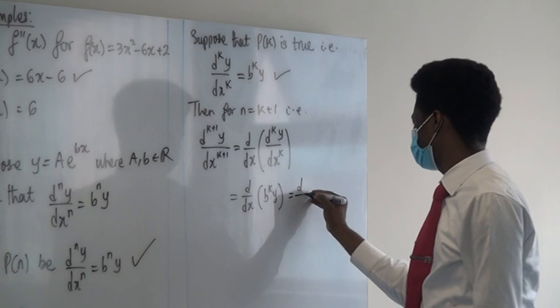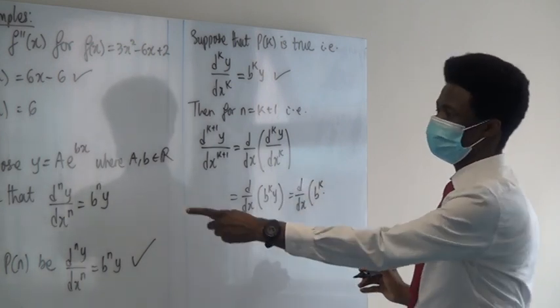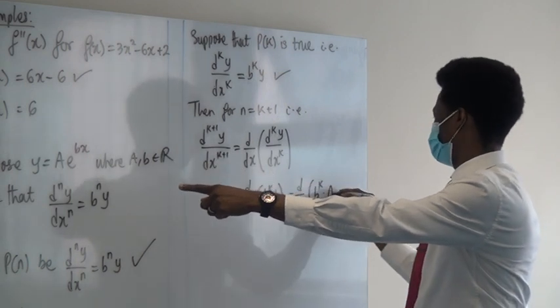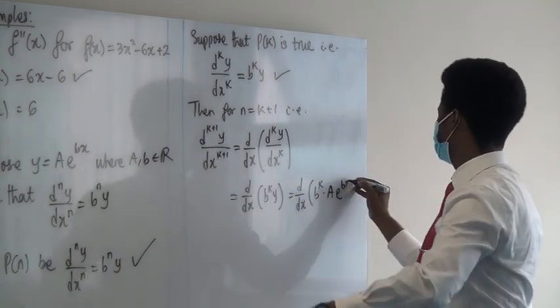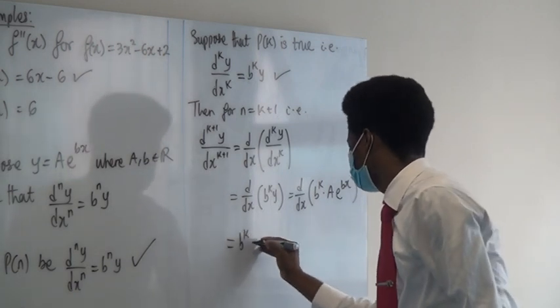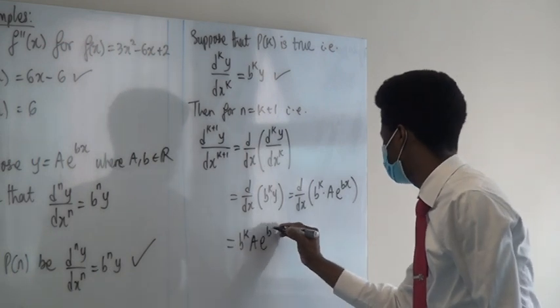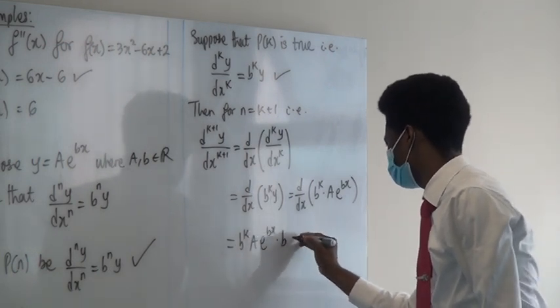Which means d/dx of b raised to power k times, what is your y? A e^(bx). So try to differentiate this. B raised to power k, a is a constant. So you copy this exponential e^(bx) times what? Times b.